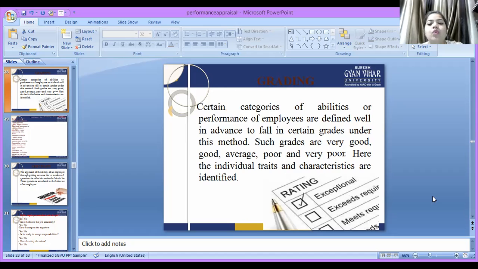That means according to their abilities and their performance, on which basis they will receive the grades. So what type of grades will they receive? Very good, average, poor, very poor. So here the individual traits and characteristics are identified through the grading method basically.